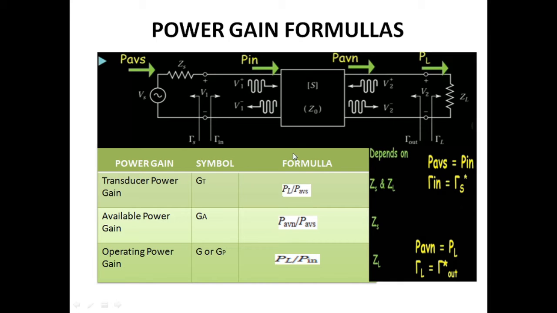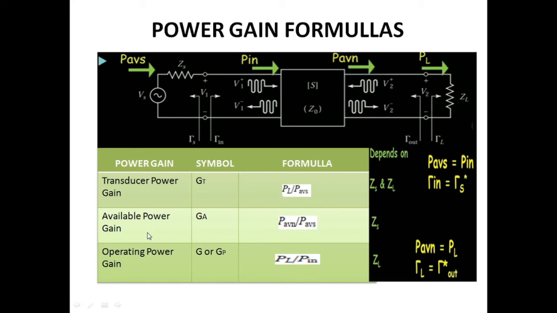So here they are dealing with source as well as load. Therefore, transducer power gain depends on Zs and Zl. Why are they giving this dependency factor? Sometimes in MCQ questions they will ask what factor the transducer power gain depends on, either Zs and Zl, or Zin and Zl, like that they will ask. You have to pick it out based on the condition.